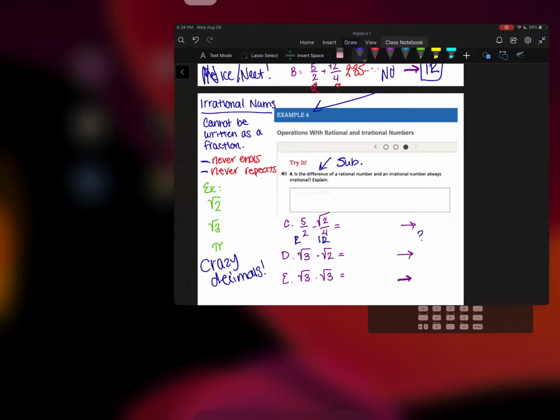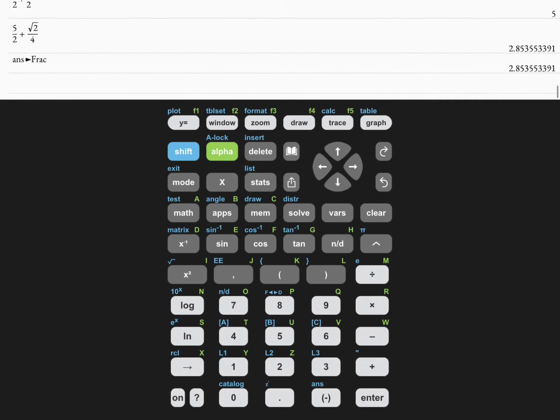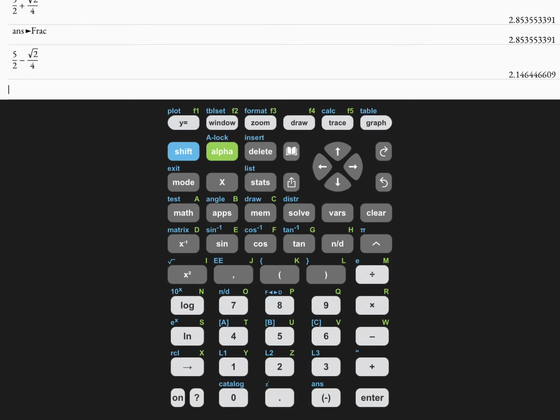5 halves minus the square root of 2 over 4. I'm going to copy this, paste it back down, change that to a subtraction. So we're doing the same two fractions, but now we're changing that operation. Let's test it out. If you're subtracting an irrational number, do you still get irrational? Yes, you do. Look at that crazy long decimal.